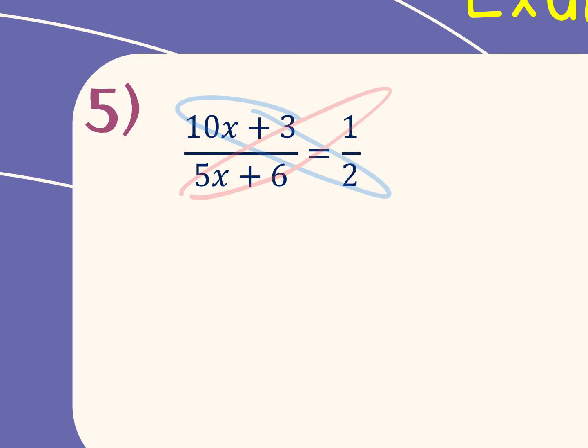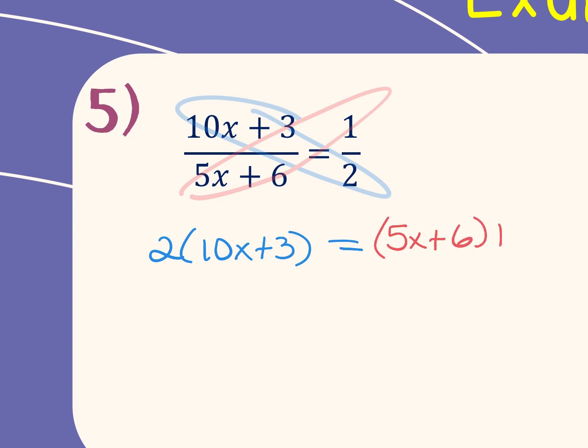So I'm just going to set it up as 2 times 10x plus 3 equals 5x plus 6 times 1, which is just 5x plus 6. So this side I'm going to leave alone. And then I get 20x plus 6 equals the 5x plus 6.